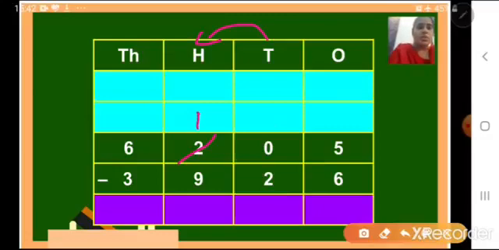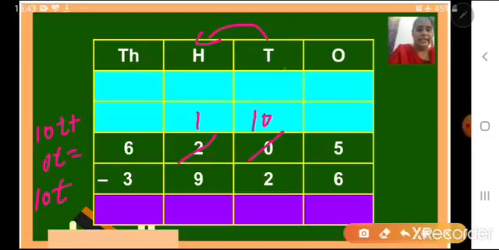And what am I giving to tens place? 10 tens. Now children, 10 tens plus 0 tens is equal to 10 tens. So cancel 0 and write here number 10. Okay, this is my first step.